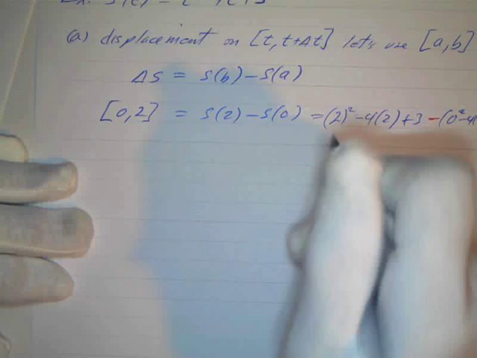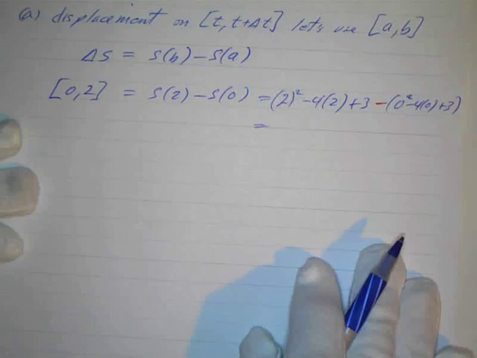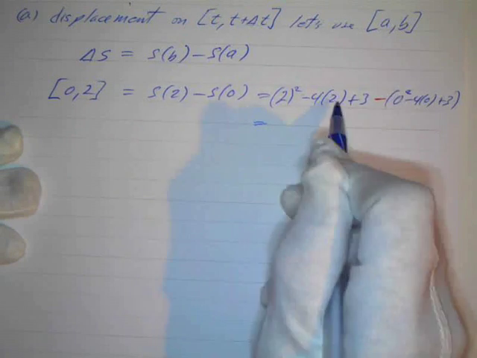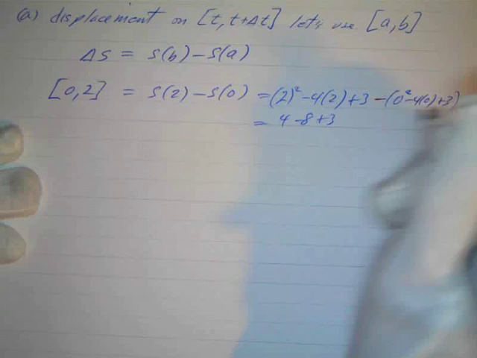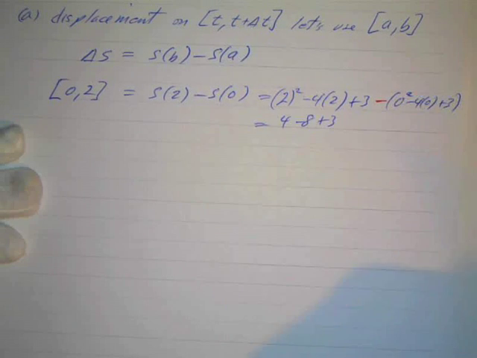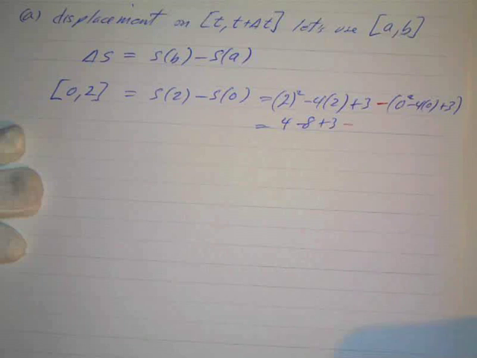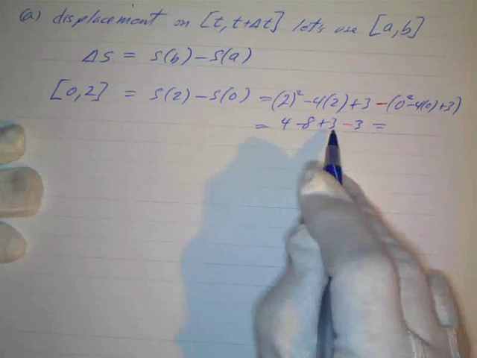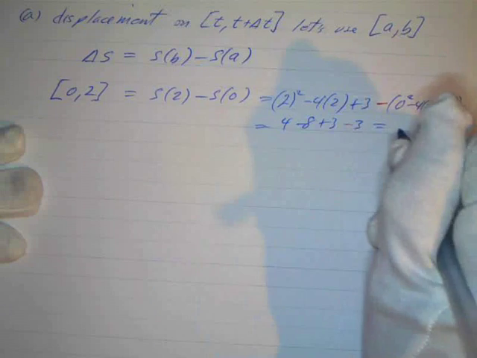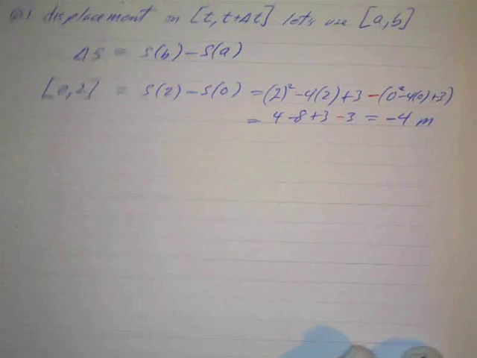So you can work this out. I'm just putting these steps in just so it's perfectly clear. 2 squared is 4, so 4 minus 8 plus 3, and then minus 3 over here. These are both 0, so we just have negative 3 and 3, which is 0, so 4 minus 8 is negative 4. So negative 4, and that would be in meters. That would be the displacement.